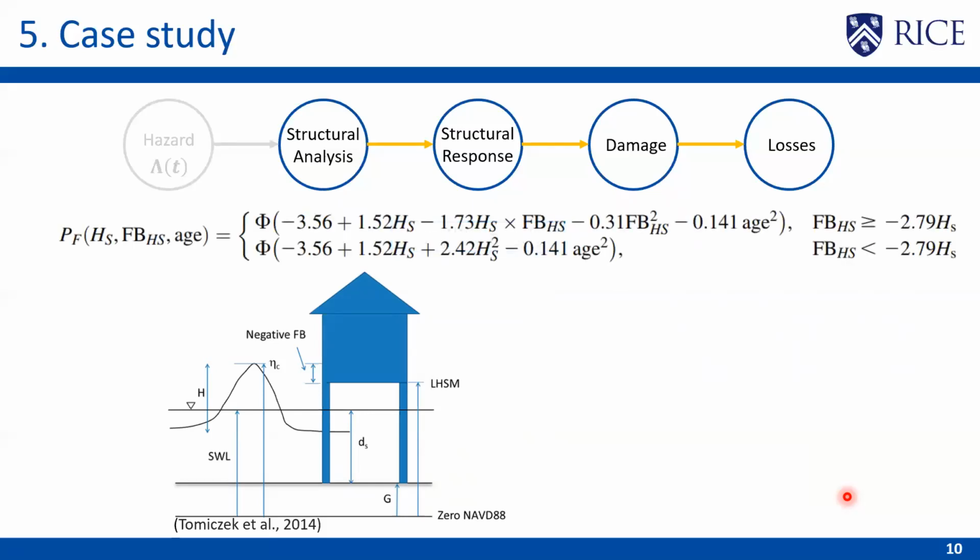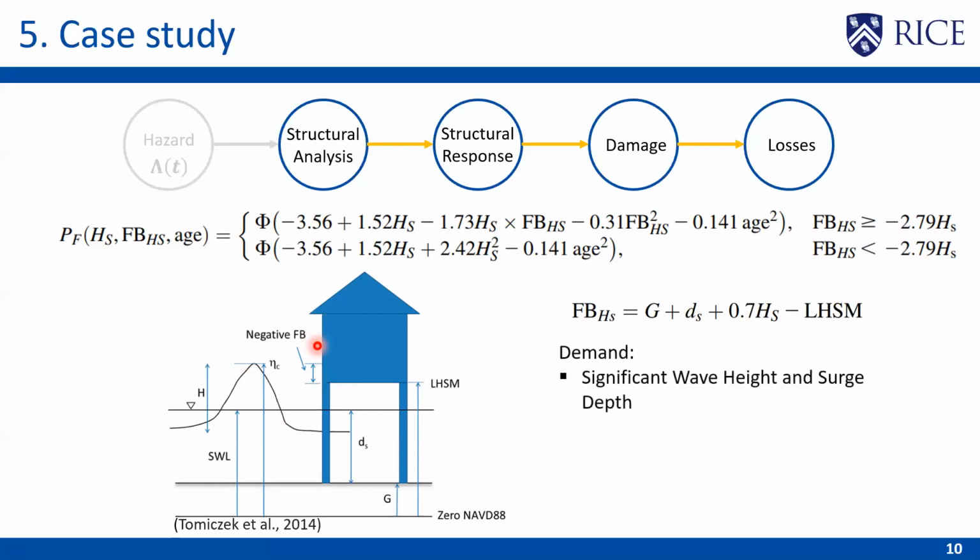These parameterized fragility models are a function of the significant wave height, the freeboard height, that is, the height free of water, and the age of the structure. So based on this fragility function, we find the demand, the intensity measures, significant wave height and surge depth, since these are the parameters that we need to evaluate this function.